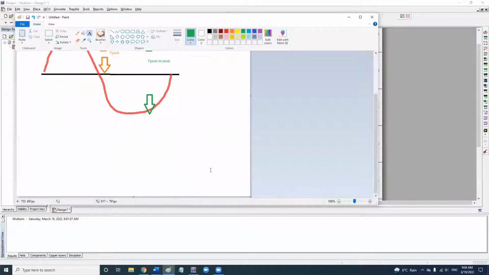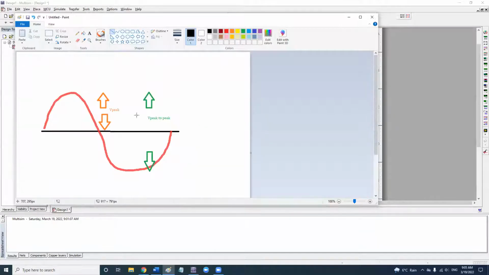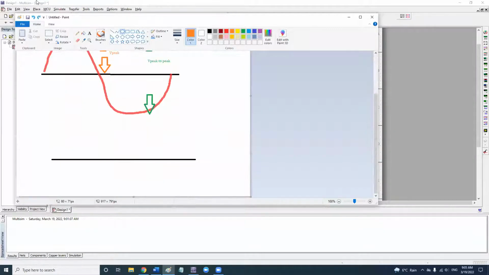The last thing is called offset. Offset is where we basically add a DC offset to the signal. Say this is your original sine wave. It starts with point 0 here, right? You can see it starts with point 0. But if we have a DC offset, let me use a blue one, say it is offset by 1 volt, it might look like this.